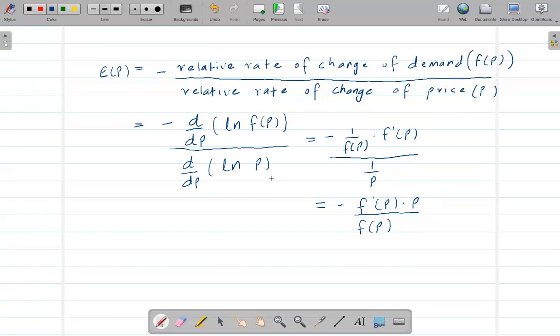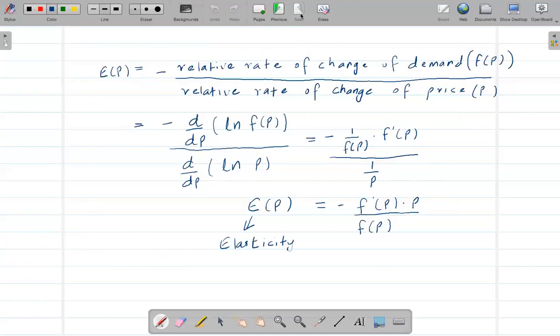So what we can say is elasticity of demand, or E of p. So we said this is elasticity, right? Elasticity of demand at price P is, well, the formula is this.